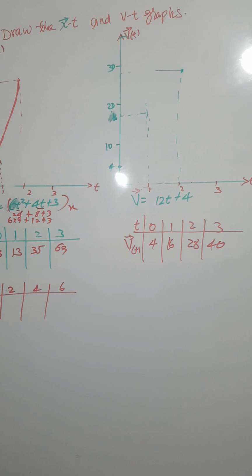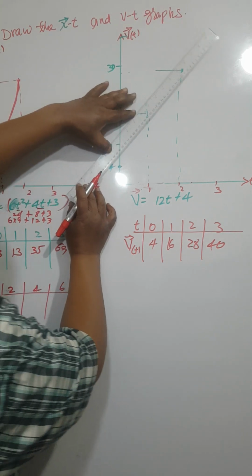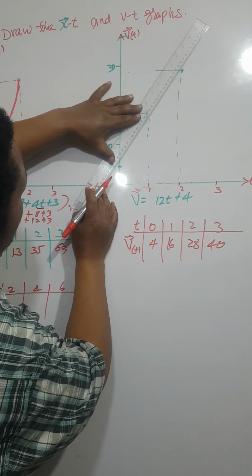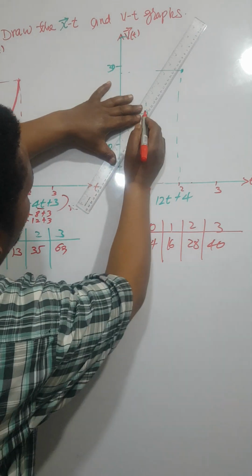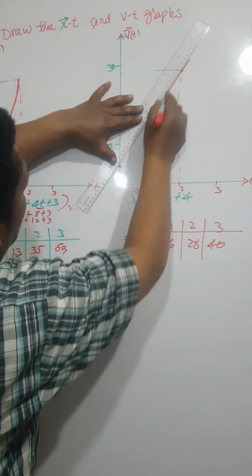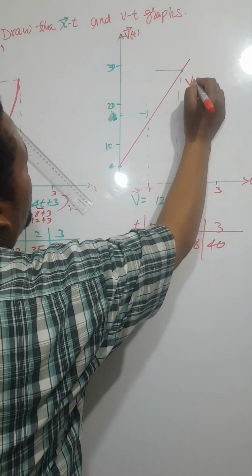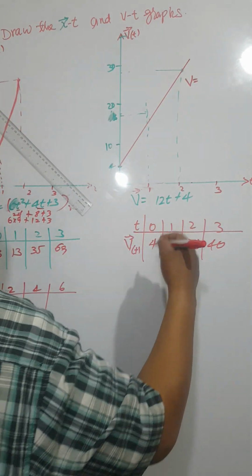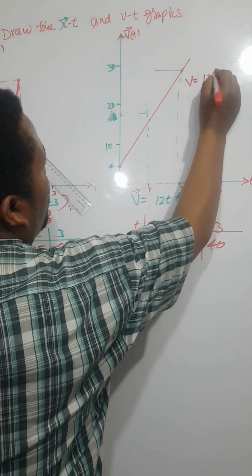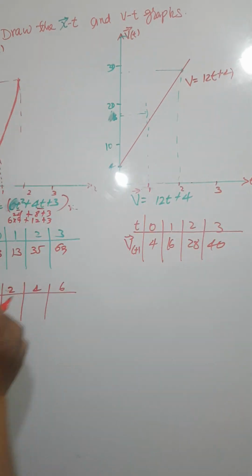So this is a linear graph. The graph of v-t is a linear curve. Sorry for not matching the points. This is the v-t graph, v is equal to 12t plus 4.